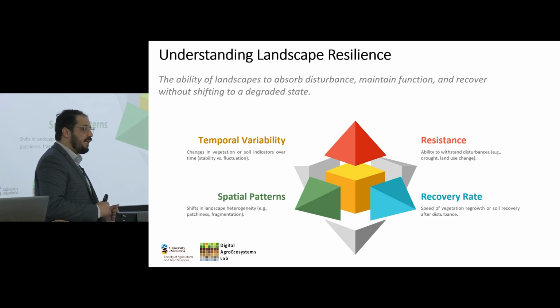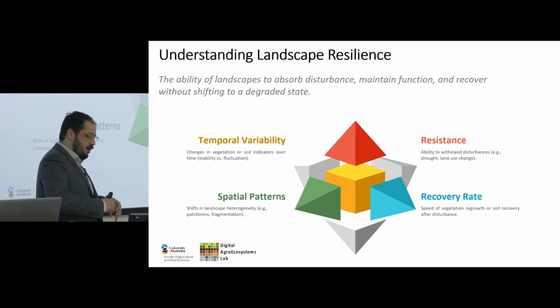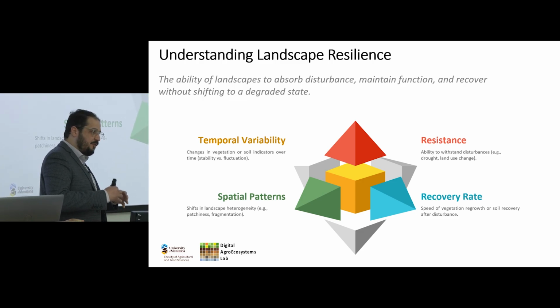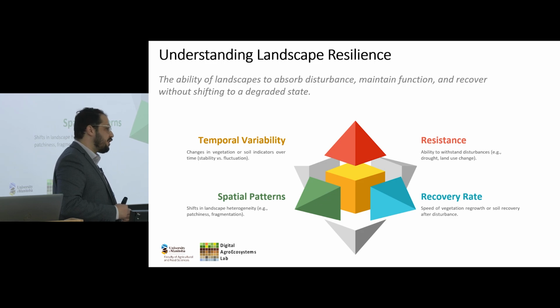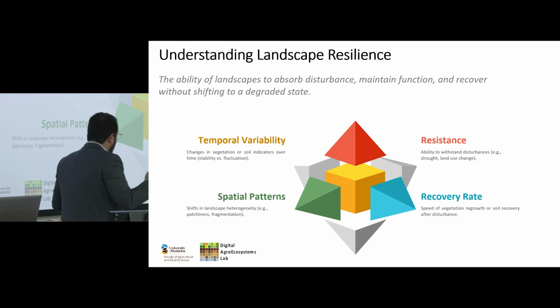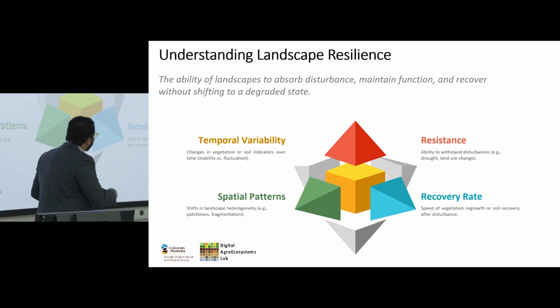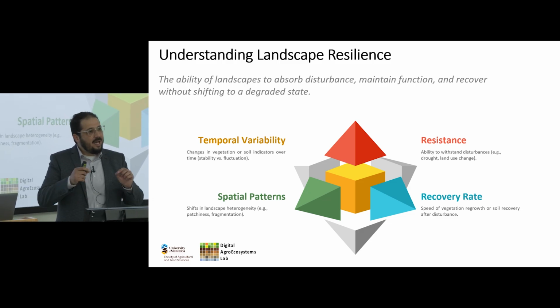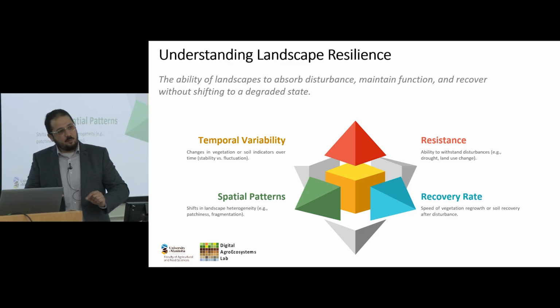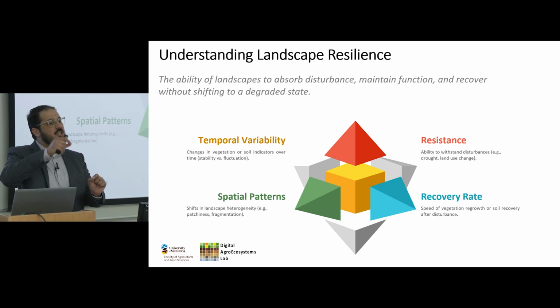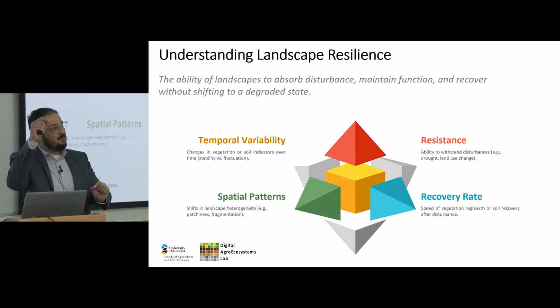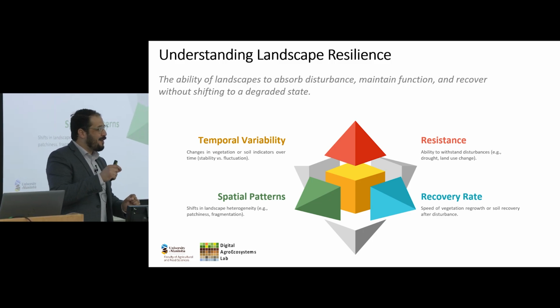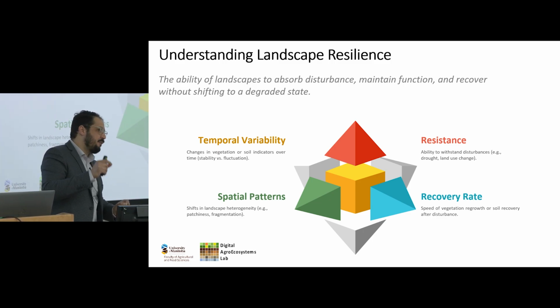And the thing is, if this ecosystem can stay solid and keep functioning when we have that kind of stressor, that's the resistance. But another thing we also look at is the recovery rate. How much will this ecosystem return back to its initial state, to its maximum? And the question we ask ourselves, what is the maximum for that plant?